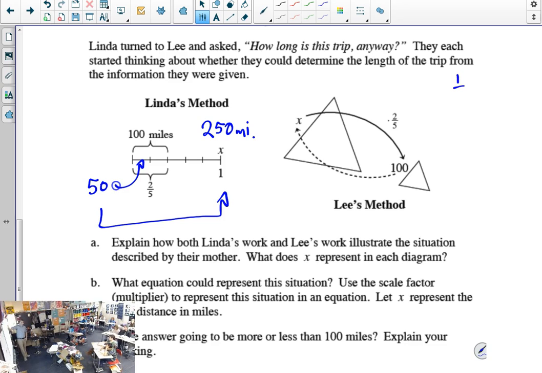How many halves does it take to make a whole? 2. How many thirds does it take to make a whole? 3. How many fourths?